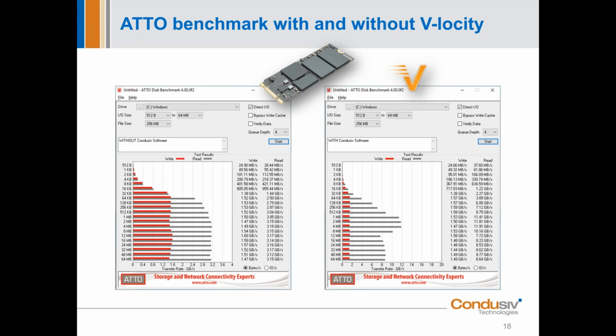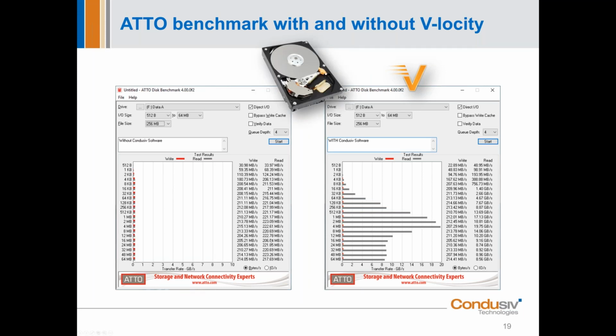So, as you can see here, without V-locity, the read transfer rate of the NVMe connected SSD was maxing out at around 3.2 gigabytes per second. That's this column here. The read transfer rate of the spinning hard drive was maxing out at around 224 megabytes per second. With V-locity satisfying all of the read IO traffic at the speed of RAM, the read transfer rate now maxes out at well over 11 gigabytes per second.